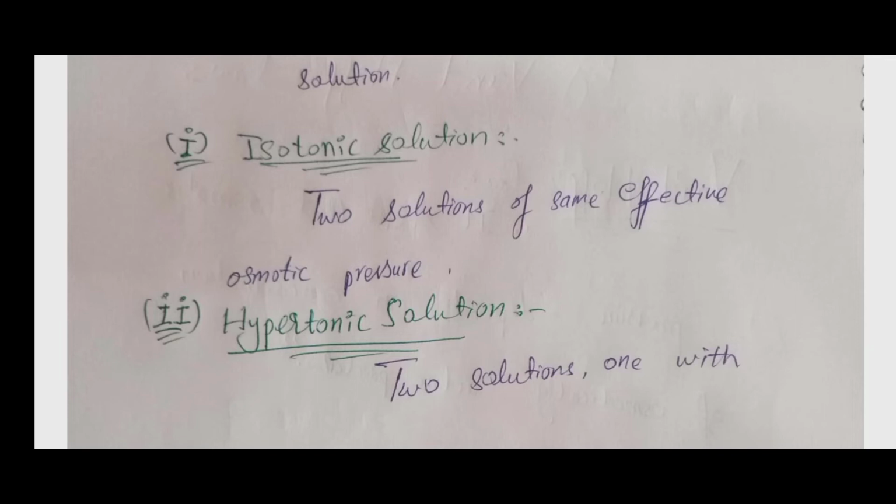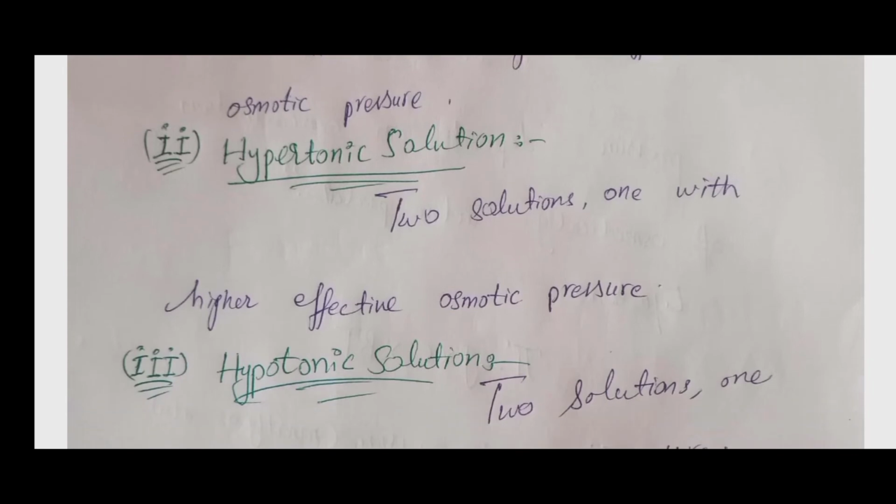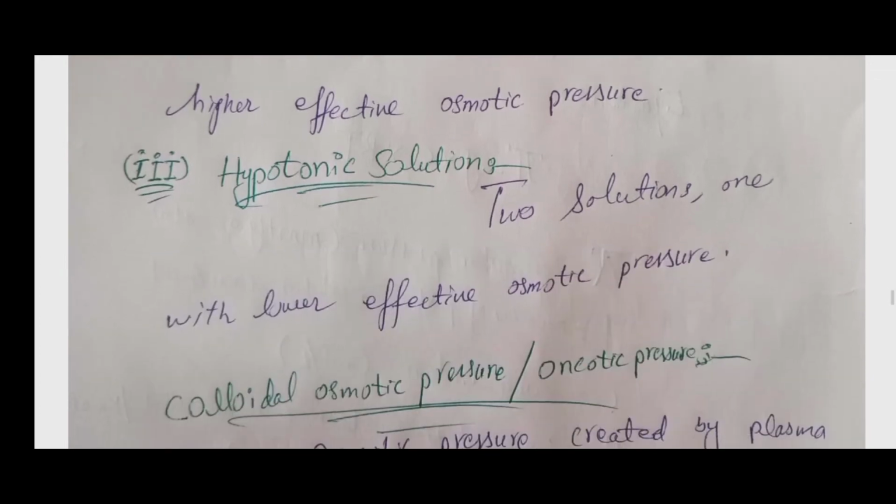If two solutions have the same effective osmotic pressure, they are known as isotonic solutions. If one has a higher effective osmotic pressure and the other has a lower effective osmotic pressure, the higher one is known as the hypertonic solution. If one has a low effective osmotic pressure and the other has a higher one, then the lower one is known as the hypotonic solution.